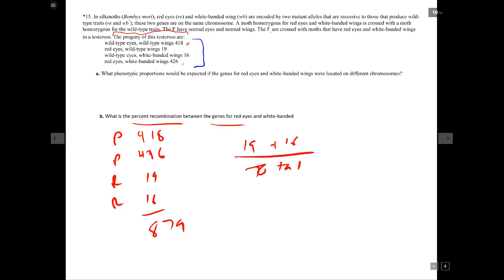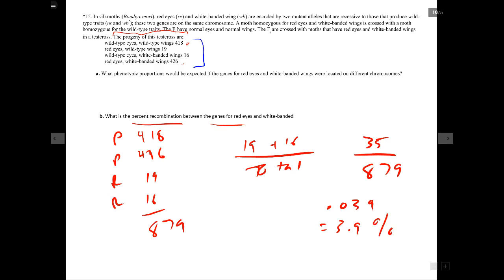So that's the total. 19 plus 16 is 35. 35 over 879 is 0.039. But we have to do that in percent, so it's 3.9%.